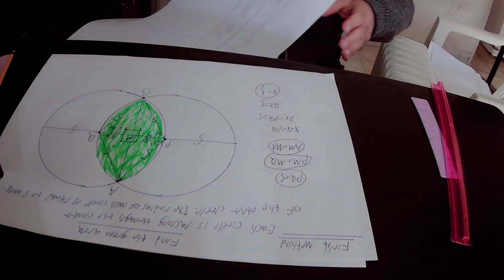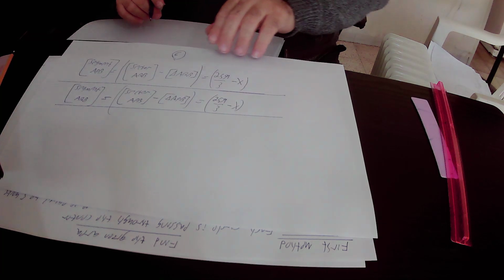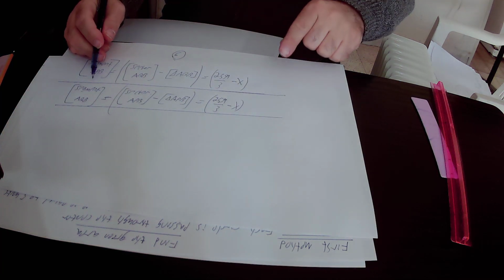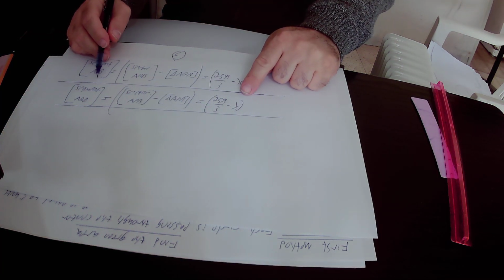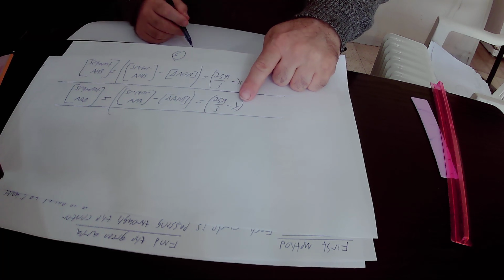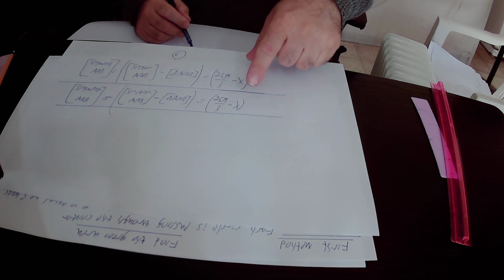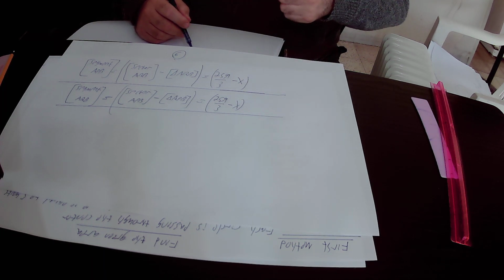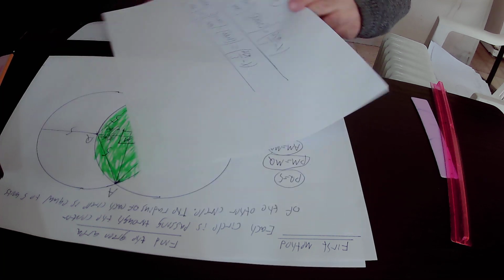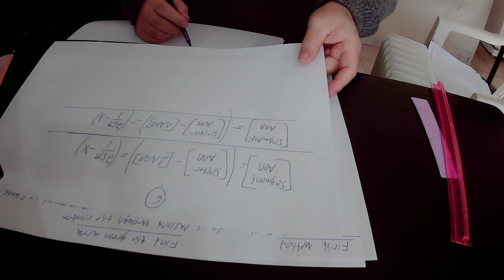So, in conclusion, the area of segment AQB also equals 25 pi over 3 minus x, exactly like the area of segment APB. Therefore, from these two equations, we conclude that the area of segment APB equals the area of segment AQB.